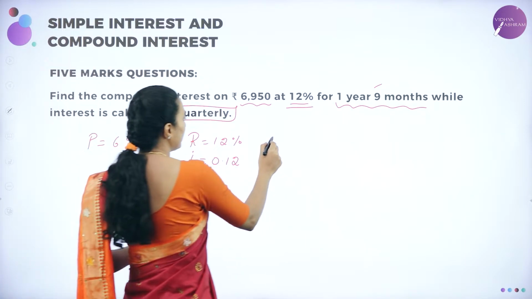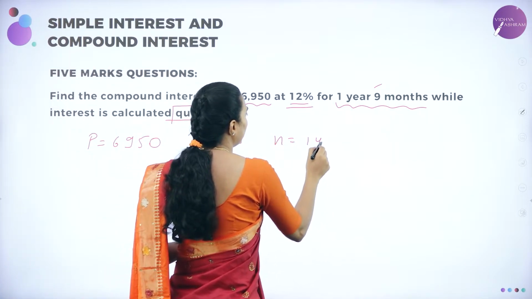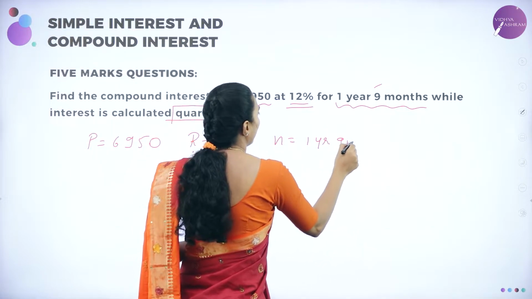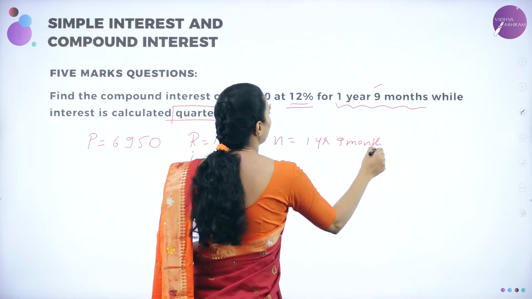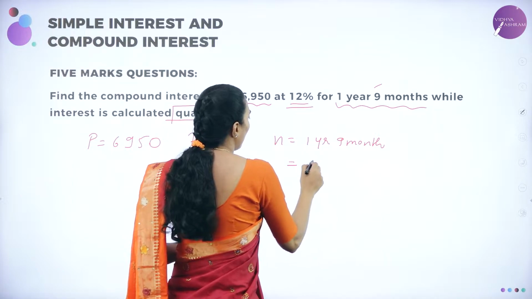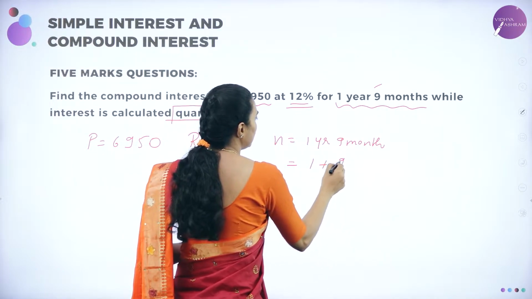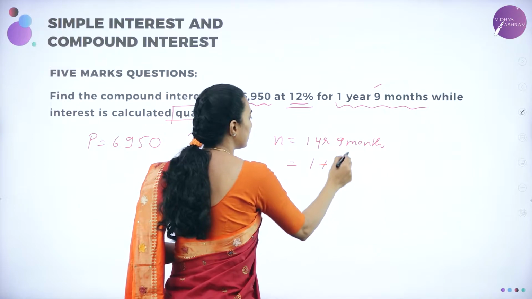And then n is equal to, they have given it as 1 year, 9 months. That means I can convert this into 1 year plus 9 months, and in a year there are 12 months. Correct?